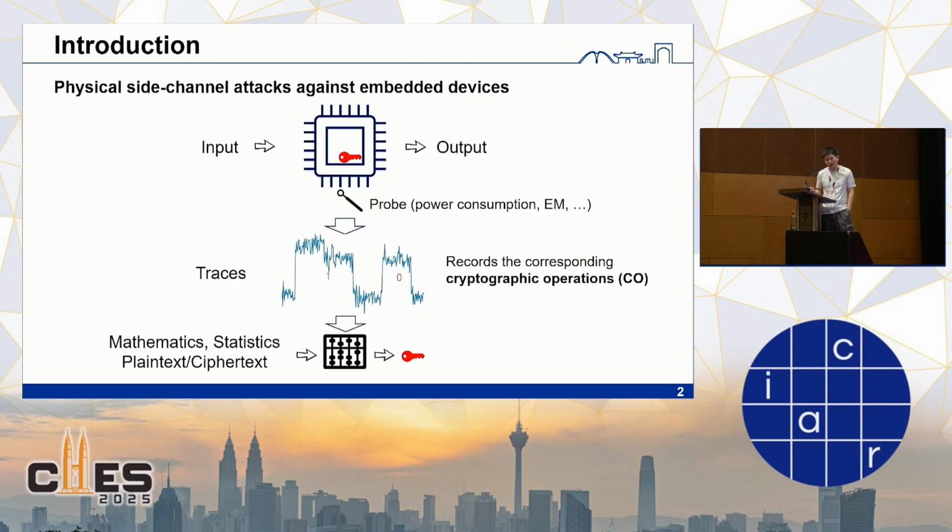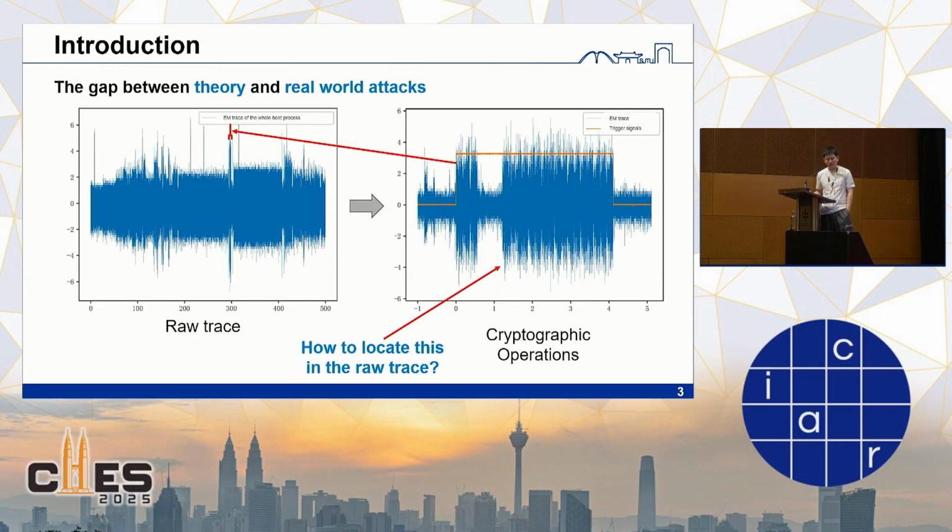Okay. So our main topic is physical side channel attacks against embedded devices. I assume most people here are very familiar with this topic, so I'll skip those basics. Okay, so what's the problem?